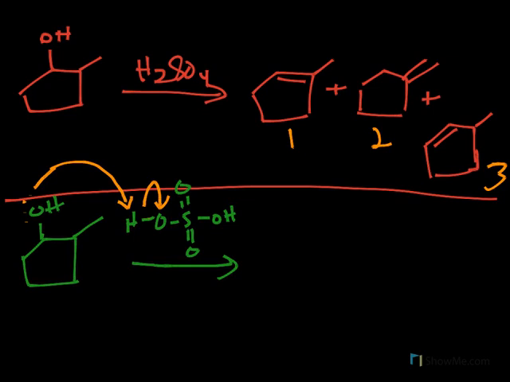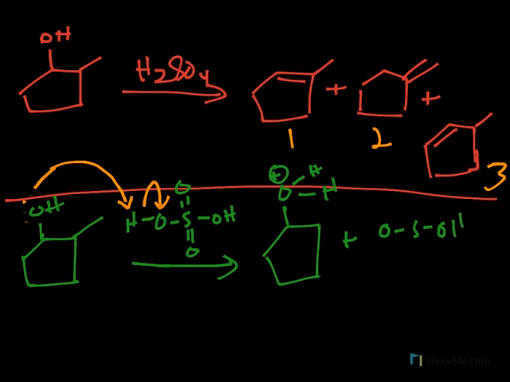And then the next thing that happens is we draw the result of that. That oxygen therefore picks up an extra proton and becomes positively charged. So now we have a positively charged oxygen right there, and that is called hydronium. So that's a hydronium ion.